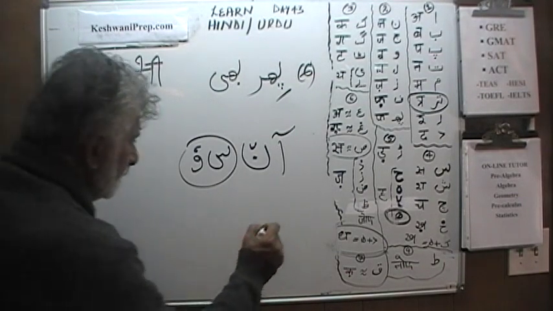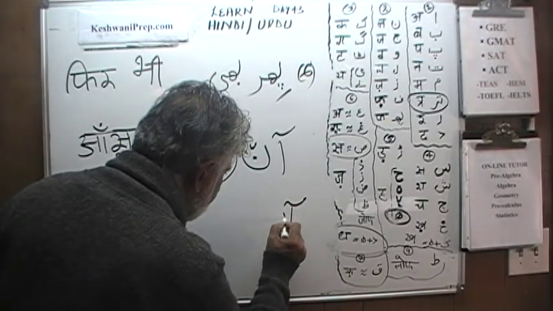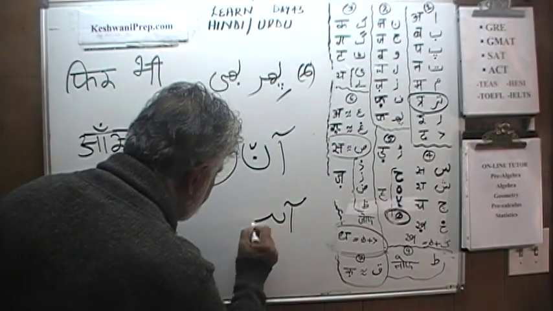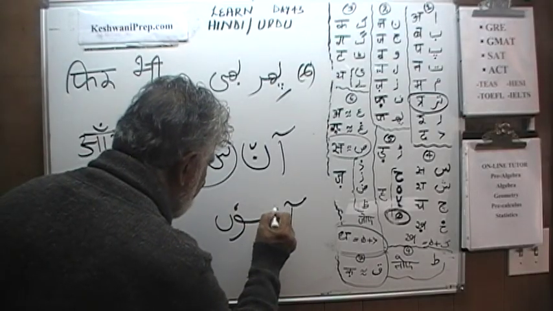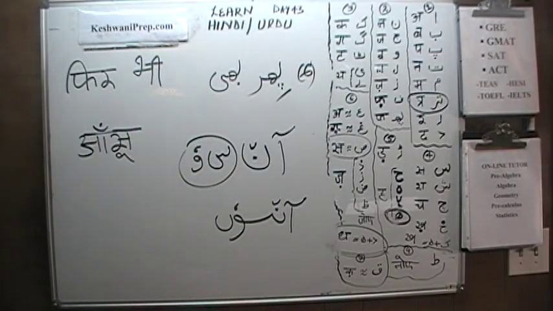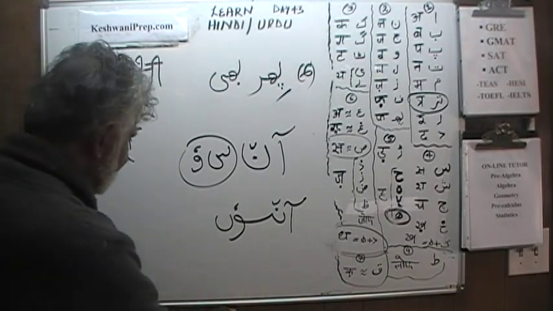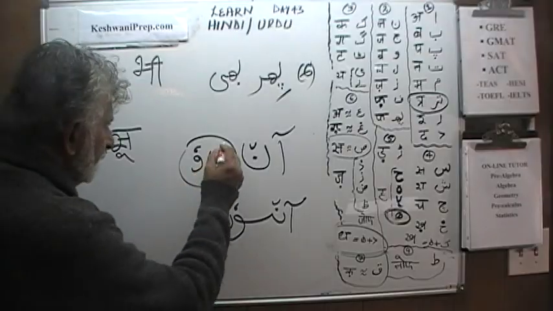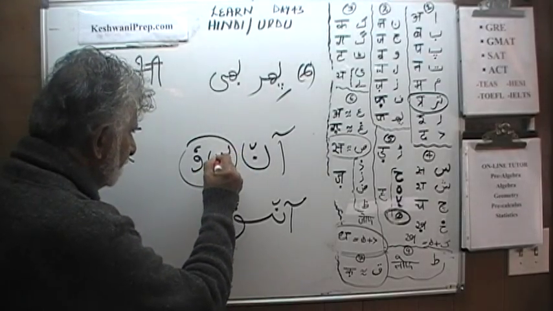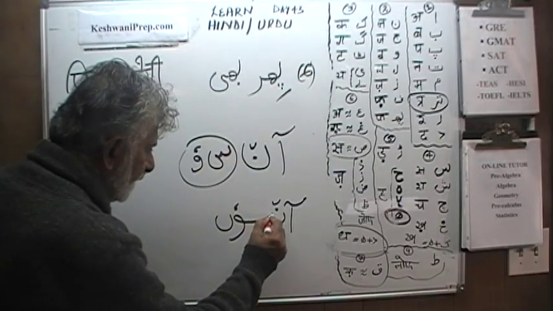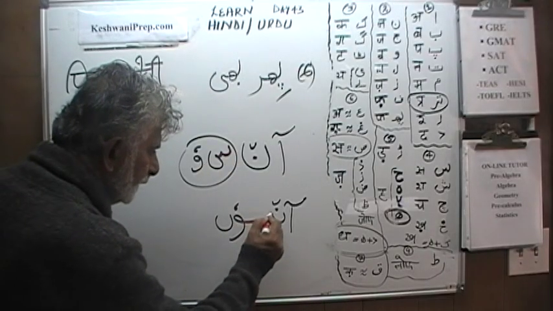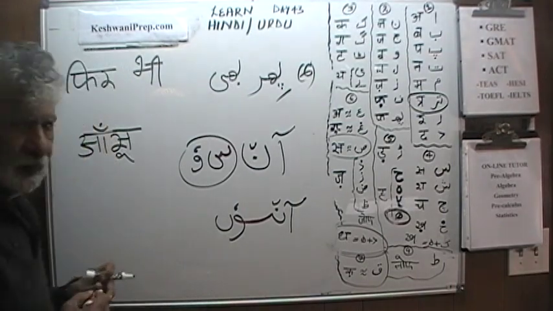Here we go: an alif, then a noon, then a seen, and a wow, ulta pesh, and then you put this. This is one way of writing it. Instead of two loops, since the seen calls for two loops, people sometimes just put one very long loop. This part that you see there is a seen.